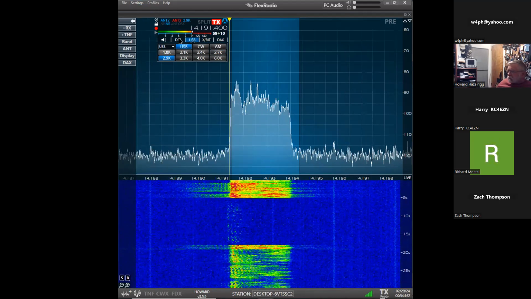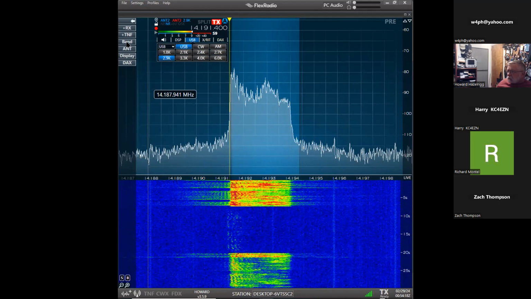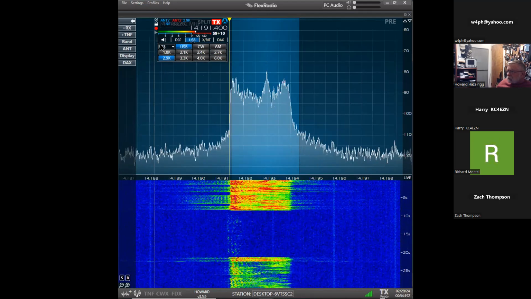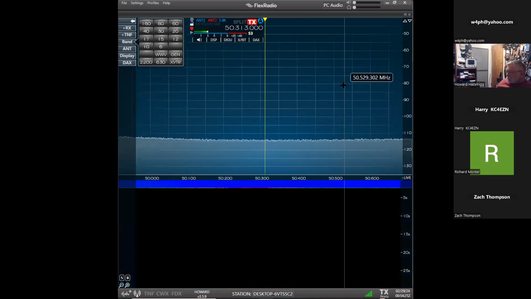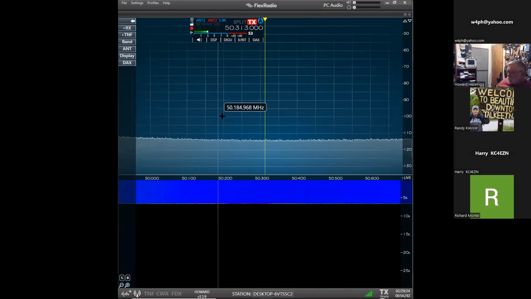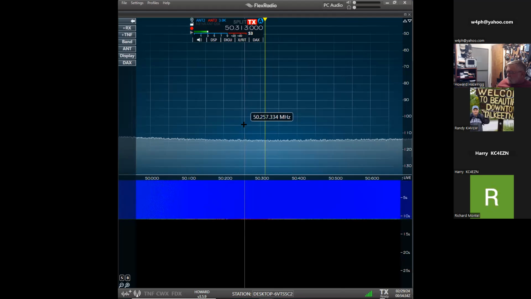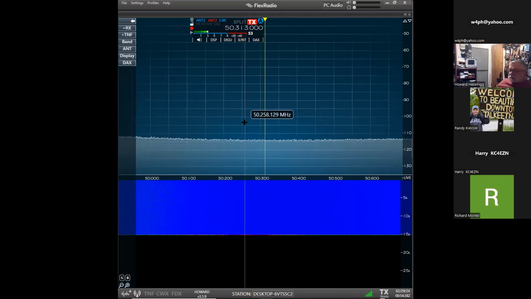Randy, can you get on 6 meters? Howard, there's a net going on 7.244 right now, if you want to go up to 40 meters. How about 6 meters? I want to see an FM signal.